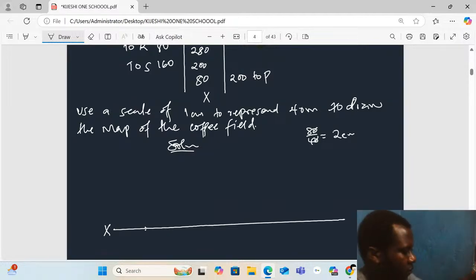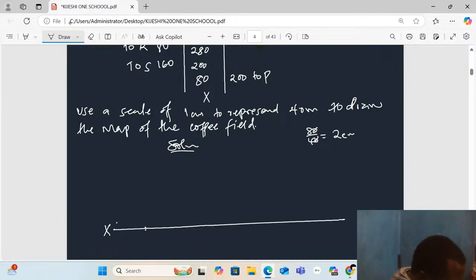From X to that point, it's 2 centimeters.